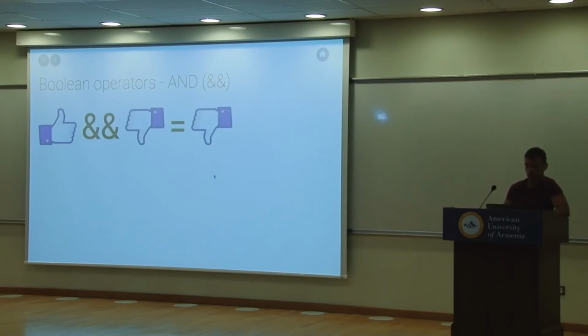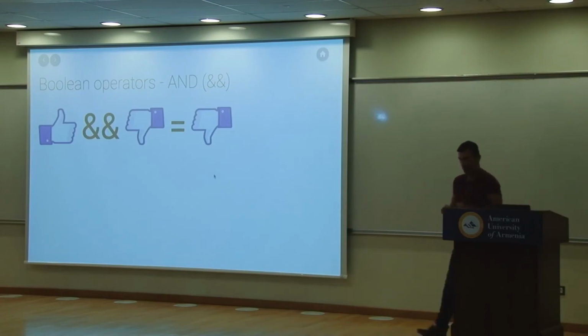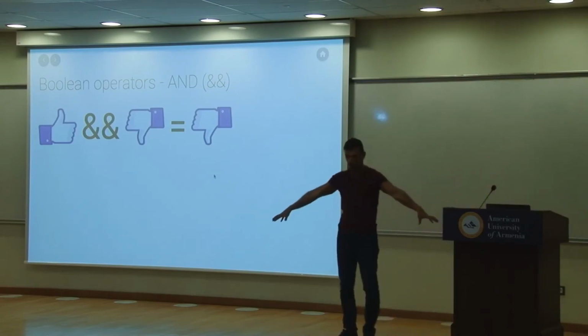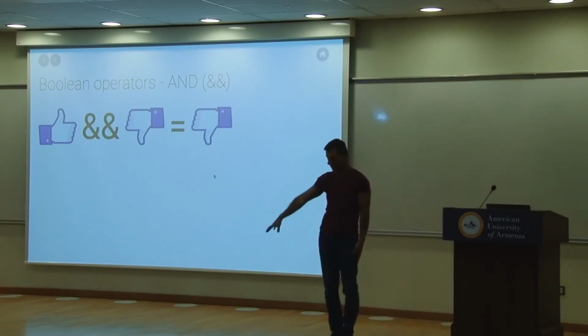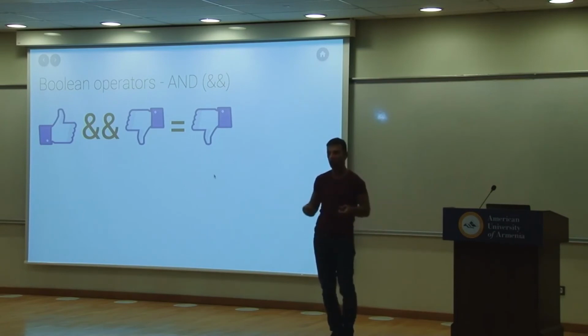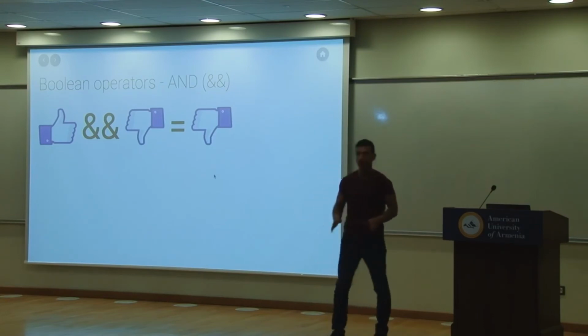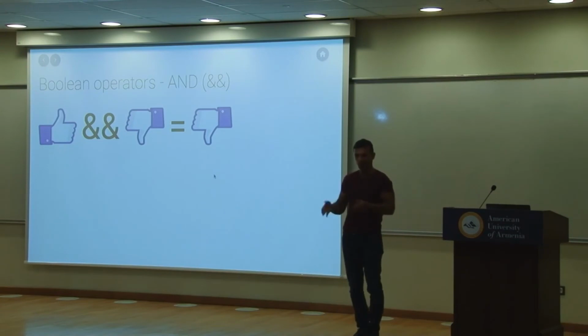With me? So AND is an operator that sits between two values. If they're both true, the result of all of this is true. If either one or both of them are false, the result, after computation, is false.